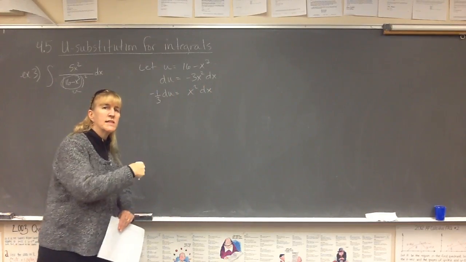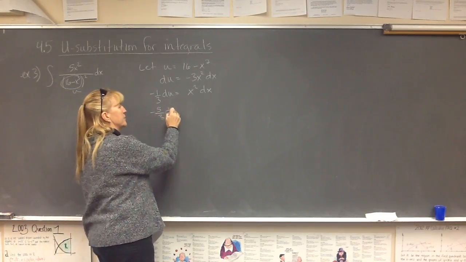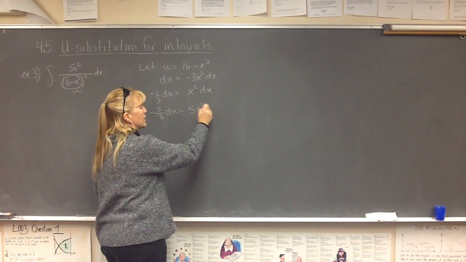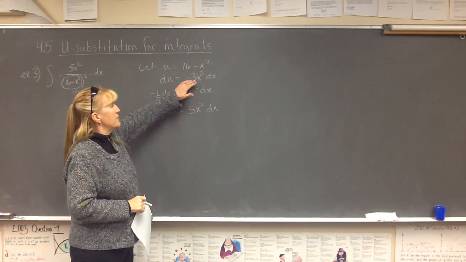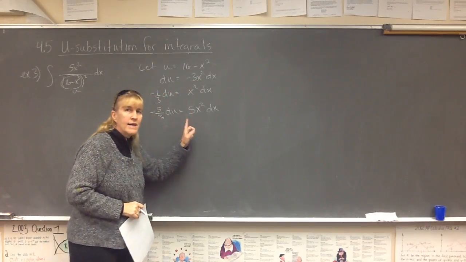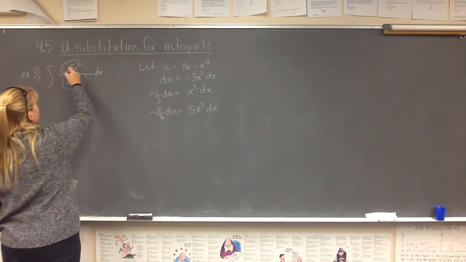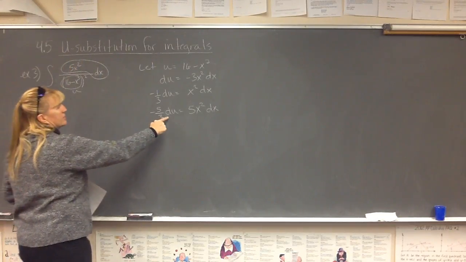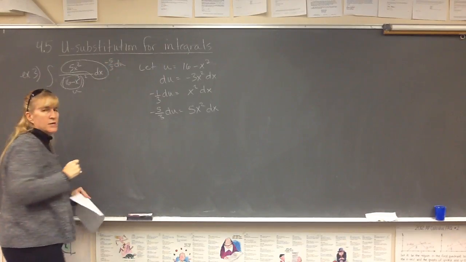And now I will put the 5 into the problem, get negative 5/3 du equals 5x squared dx. So I basically ripped the coefficient off the x squared dx, and then I put what coefficient I wanted back onto the x squared dx, which is my 5x squared dx ends up being a negative 5/3 du.